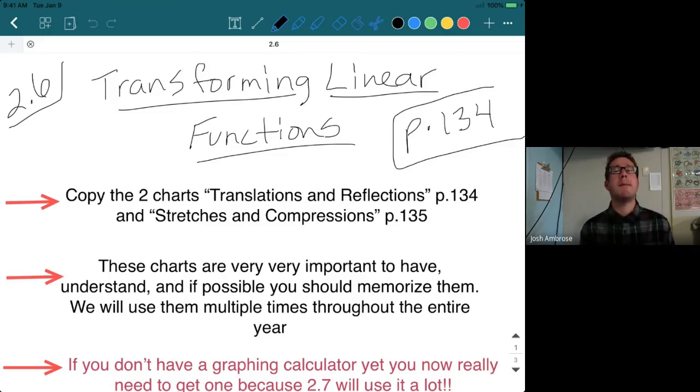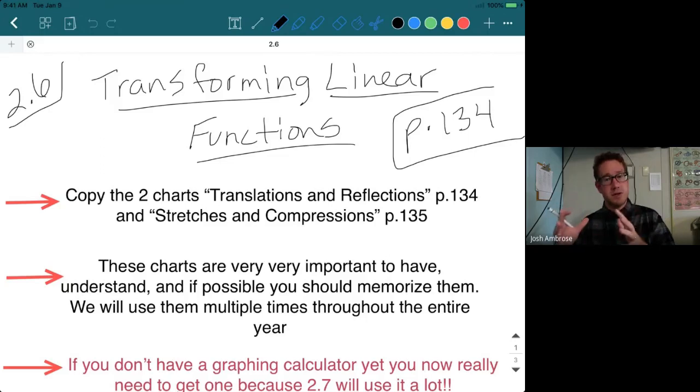I can promise you these charts will be used again. So take the time now to write them down, understand them, and memorize them. That's a new idea, right? Because this will come back again and again and again in this class. Throughout the whole year, they will take a concept and then they'll make you transform the graphs.